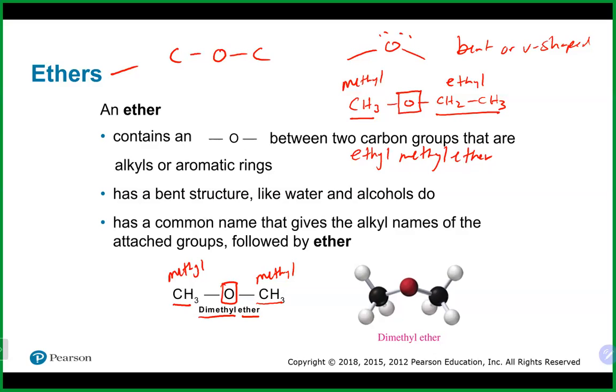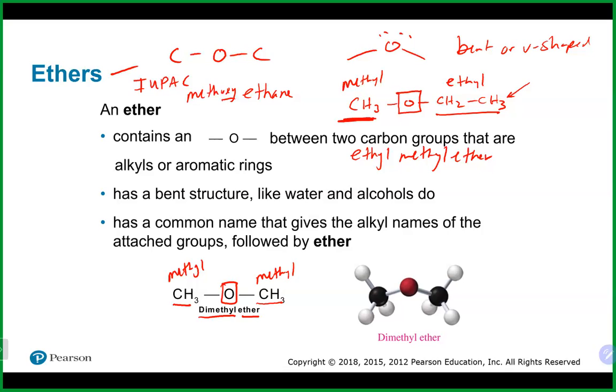The more IUPAC way of naming, which we will not go with here, but just in case it comes up somewhere, is a little bit different. We take the longest carbon chain that's attached to the oxygen, which in this case would be 2 carbons, and that would be ethane. Then for the shorter carbon chain that's attached to the oxygen, we drop the yl part and put oxy on it, and this is what is referred to as methoxyethane.